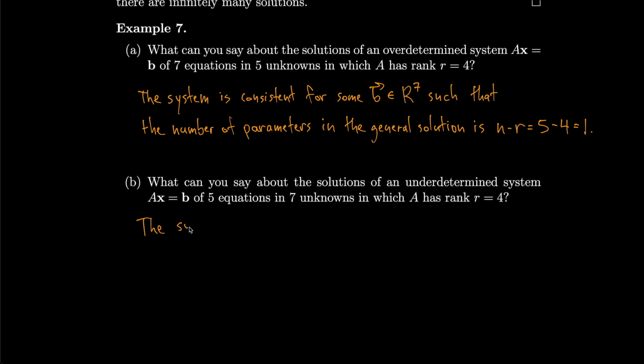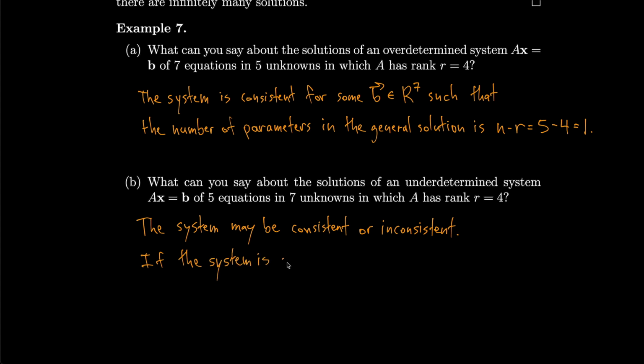So we'll write the system may be consistent or inconsistent, and if the system is consistent, then the general solution has n minus r parameters, right?